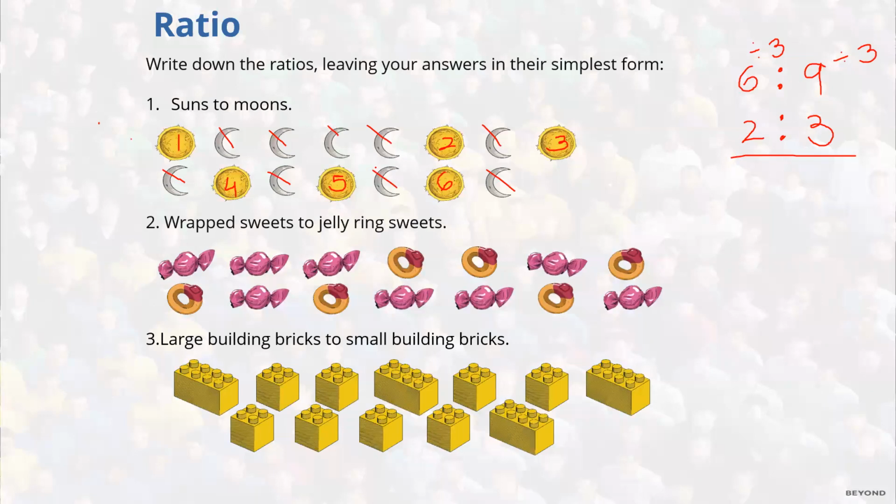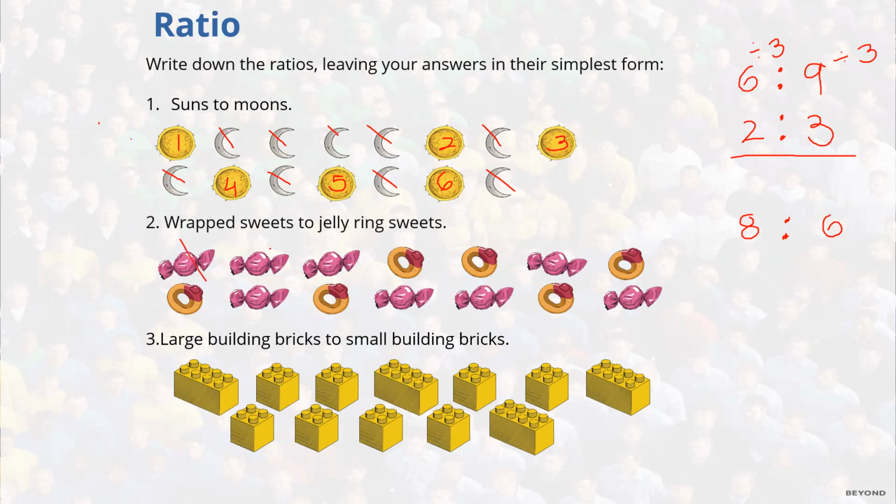Go ahead, Naya. How are we going to get number 2? Wrap sweets to jelly ring sweets. That's 8 wrapped sweets to 6 jelly ring sweets. Let's verify that.